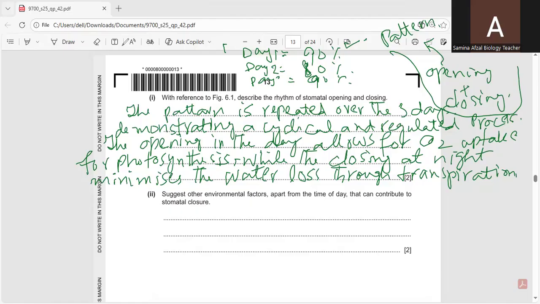So I can write first of all, when there is high temperature, it can increase the rate of transpiration.